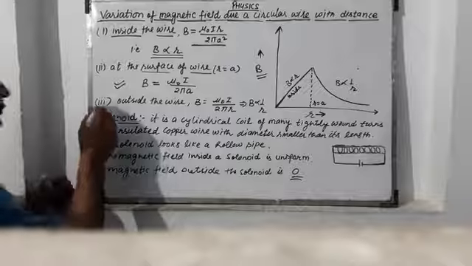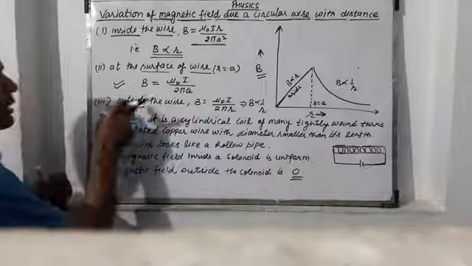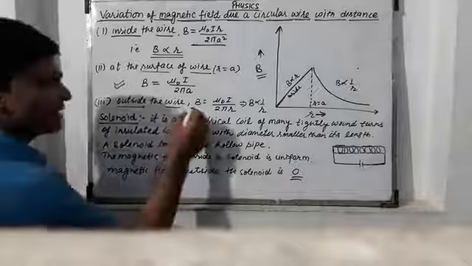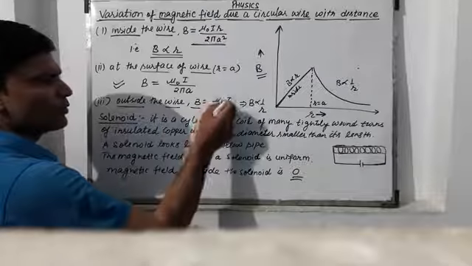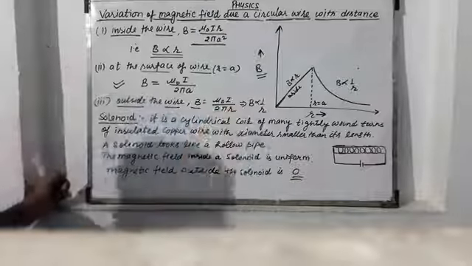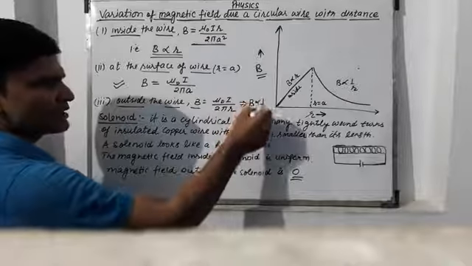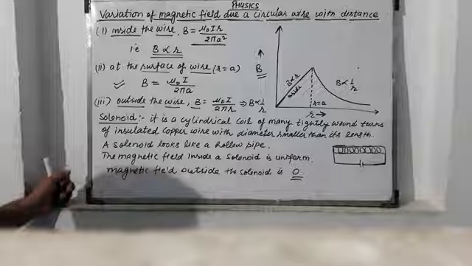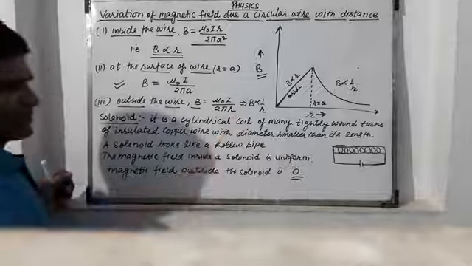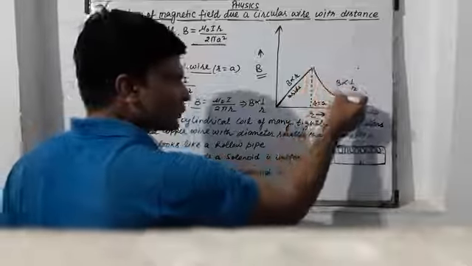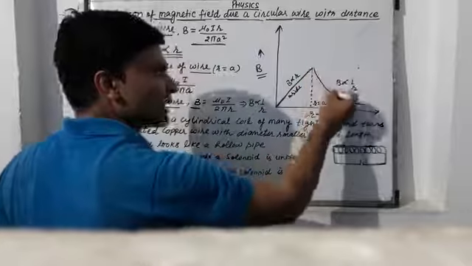Now, the third case, outside the wire, the magnetic field is μ₀I/2πr. From this we have B inversely proportional to distance r. By this we have this portion of the graph.